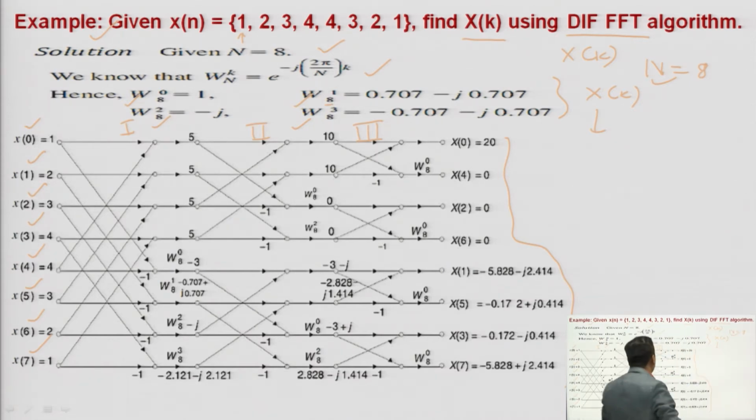In the third stage they are individually separate, and this will be your butterfly structure. In the butterfly structure, whenever we use DIF FFT, your twiddle factor multiplication is always done after the addition.